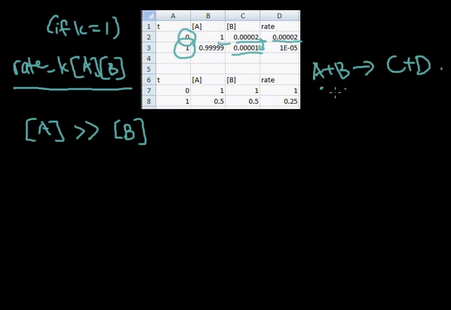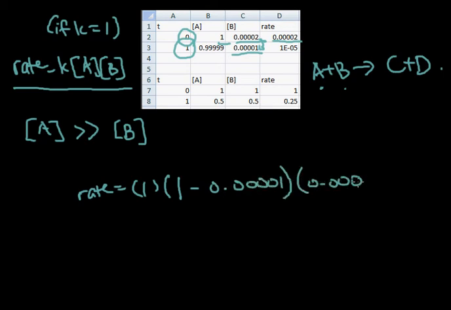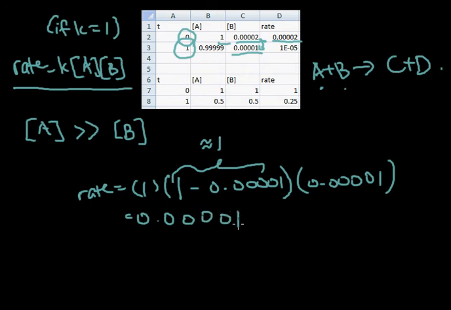Because of the stoichiometric equation. So it's 1 minus 0.00001. So the rate, in a sense, is K, which is 1, times 1 minus 0.00001 times 0.00001. Can we see that this is about 1? If we have it to like 3 s.f., this is about 1, right? So the rate is still 0.00001.